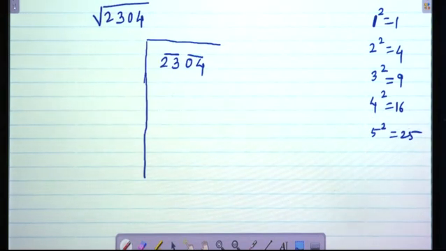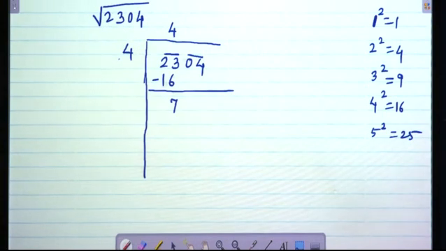So we consider 4 squared. 4 is the divisor and 4 is in the quotient. 4 fours are 16. We subtract and get 7 as the remainder.